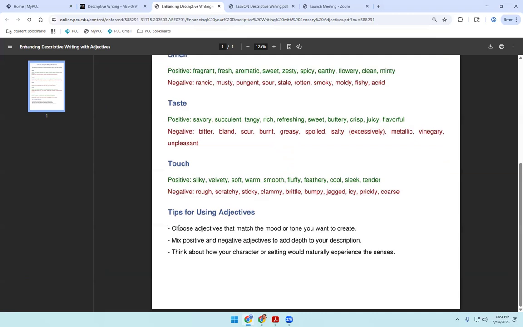So you want to choose adjectives that match the mood or the tone that you want to create. If you're writing something descriptive that's going to be kind of scary, you want to get into those darker, more negative descriptors, make sure it's capturing the mood of the piece, and then mix those positive and negative adjectives together if you can to enhance that description. Sometimes things are not just all positive or negative. There's certain aspects, like a chair in here, for example.